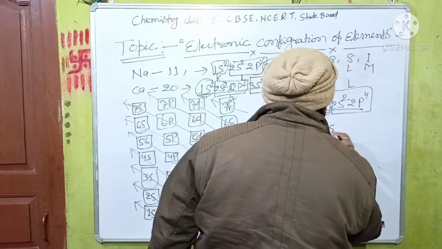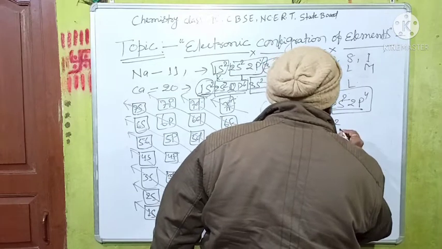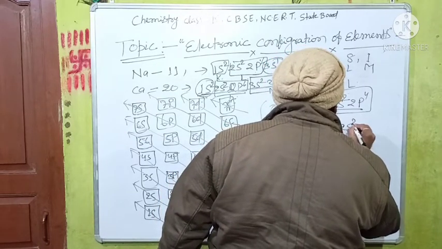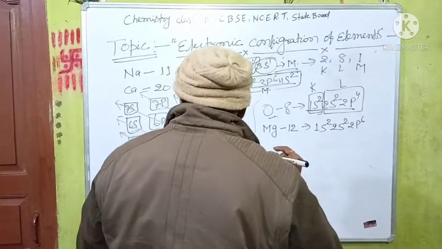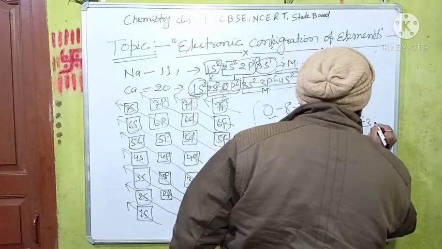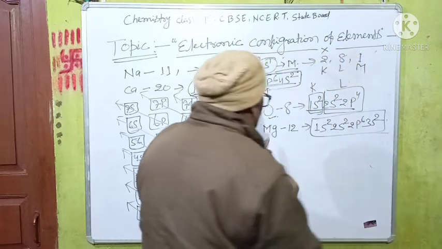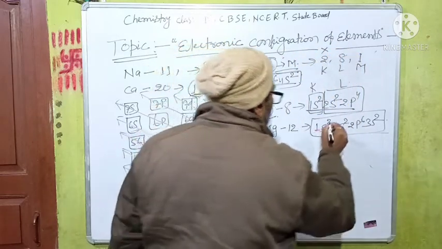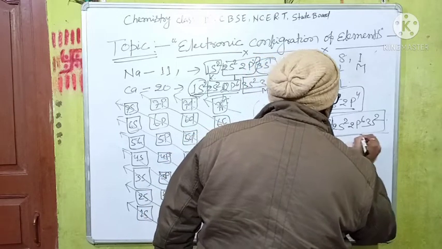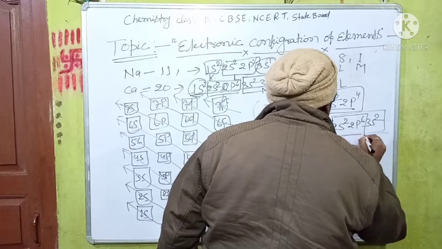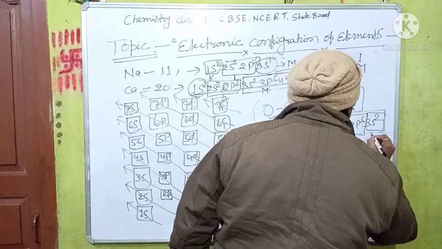Then we write here 1s2, 2s2, 2p6, 3s2. So this is the electronic configuration of magnesium, in which K has only 2 electrons, L has only 8 electrons, and M has only 2 electrons.